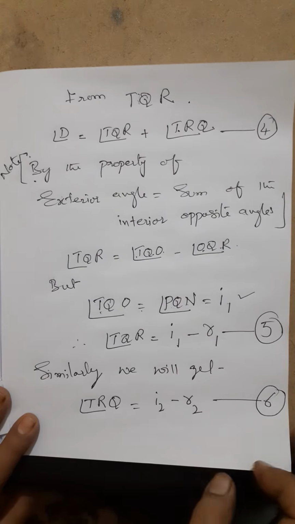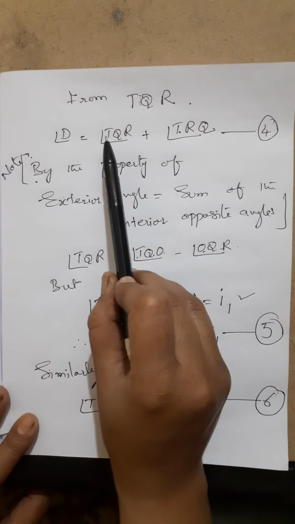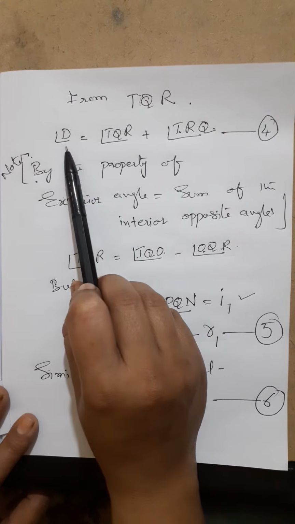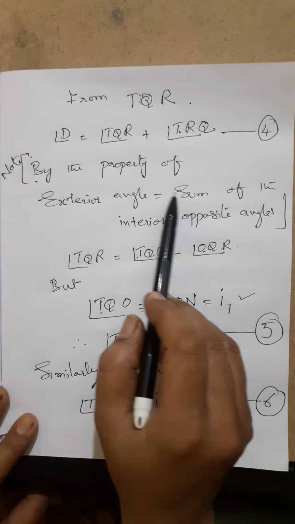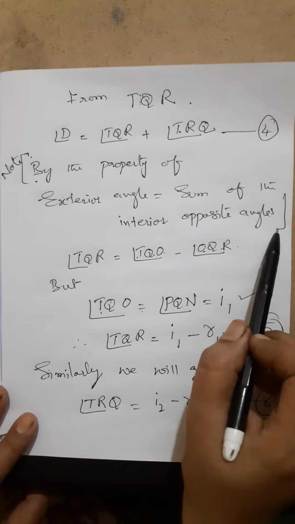Here, first of all we have to consider the angle of deviation, that is equal to TQR plus TRQ. This is nothing but the angle of deviation. Now we are using the property that the exterior angle is equal to the sum of the interior opposite angles.